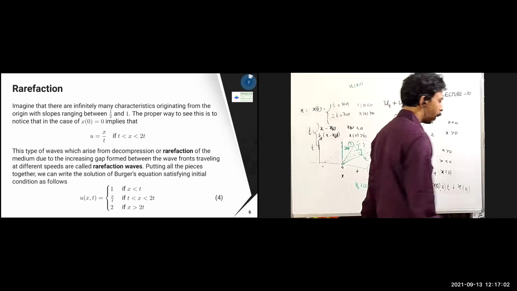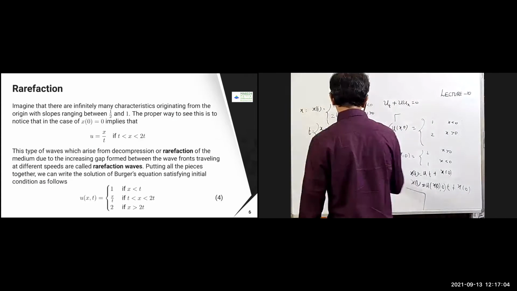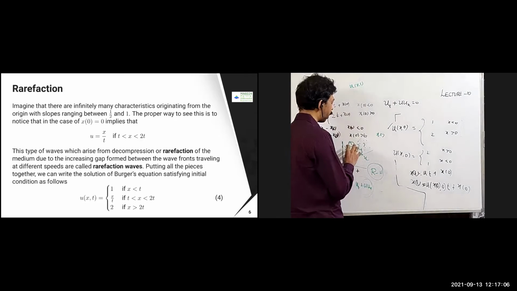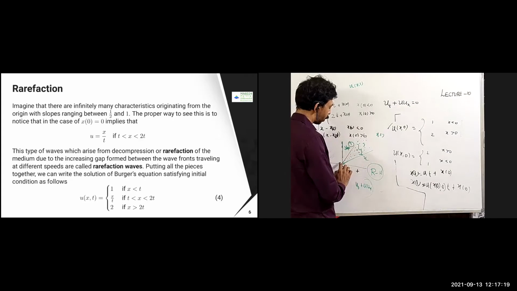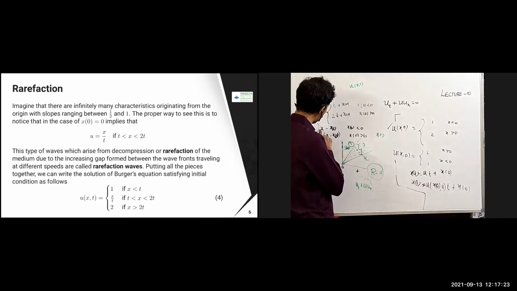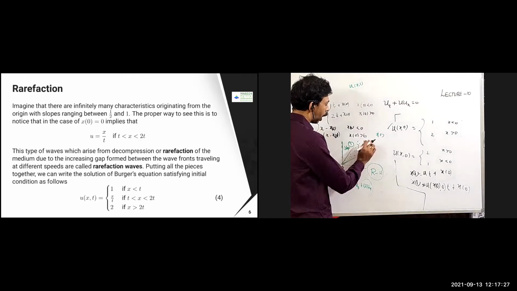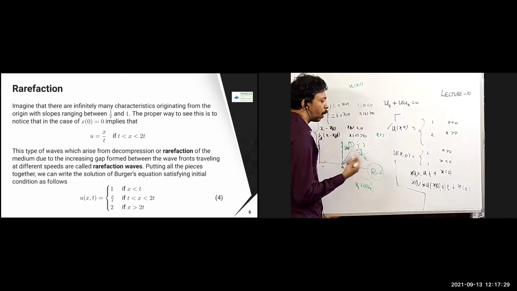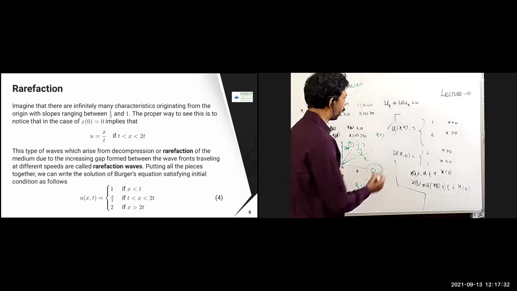So in that case, how do we solve that? How do we obtain the solution? There will be more detailed discussions in the later part of the lecture, but the idea is this. There are infinitely many characteristic lines starting from the origin, with slopes ranging between half and 1.